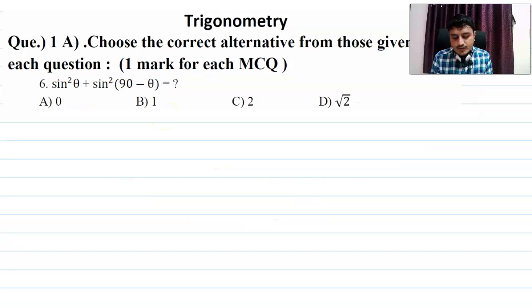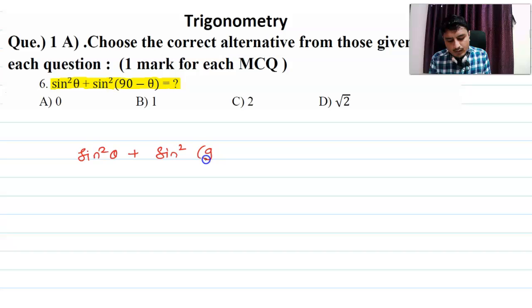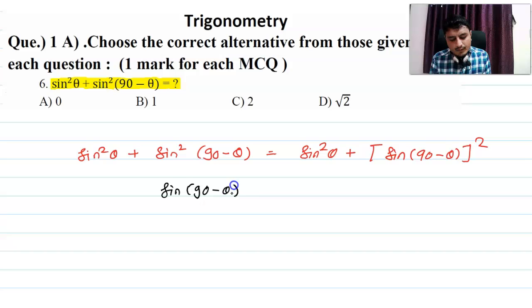Now look at the sixth MCQ. Sin square of theta plus sin square of 90 minus theta is equal to. So we have to evaluate the value of sin square of theta plus sin square of 90 minus theta. Now we can write this sin square of 90 minus theta as sin of 90 minus theta, the whole square actually. Now we well know, as per the complementary angle formula, sin of 90 minus theta becomes cosine of theta. So try to replace sin of 90 minus theta by its value, cos theta.